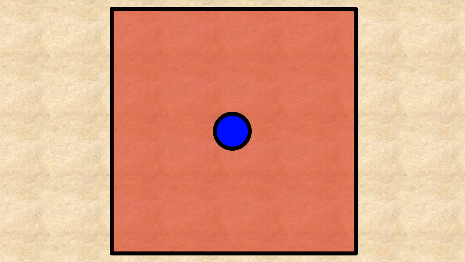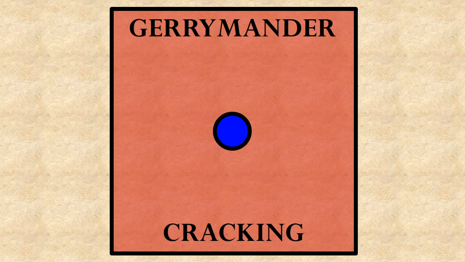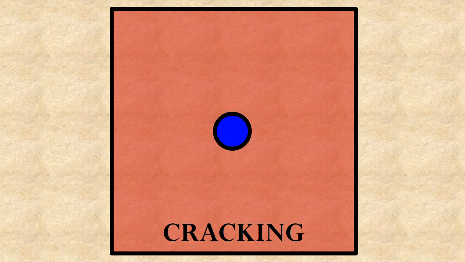Now let's go back to our typical state diagram to consider the other possible way that gerrymandering can be done. So the state government, led by Republicans, decides that they want to gerrymander the state again. But this time they're going to do it through the process of cracking. So what do they do to crack the state and draw the boundaries to favor their party while hurting the enemy party, in this case the Democrats?